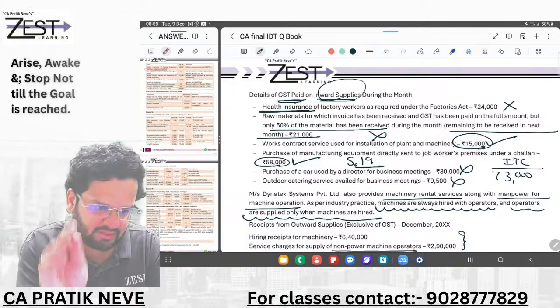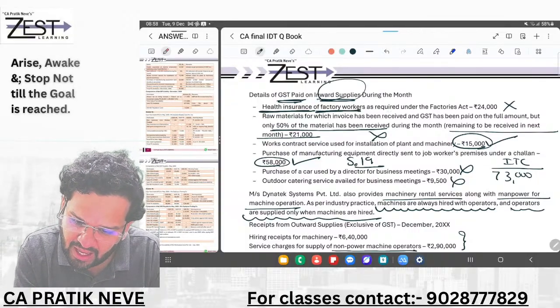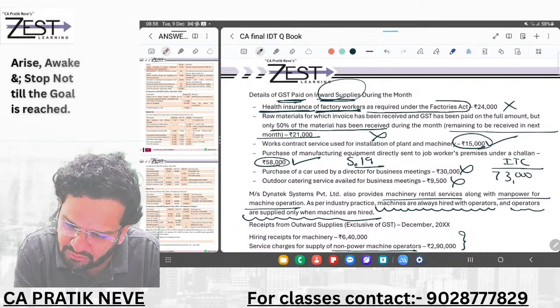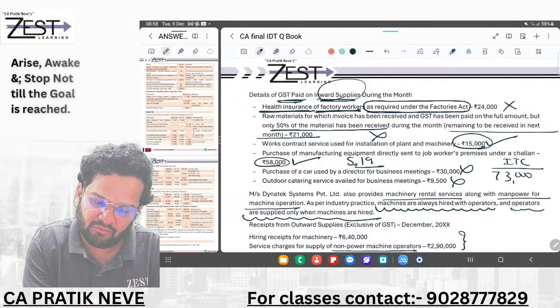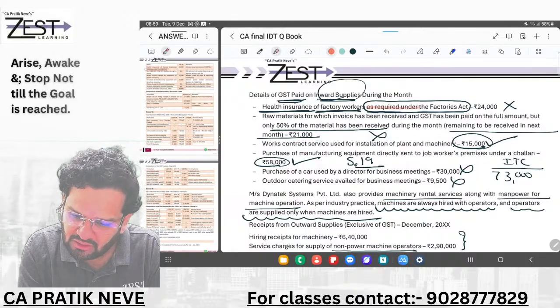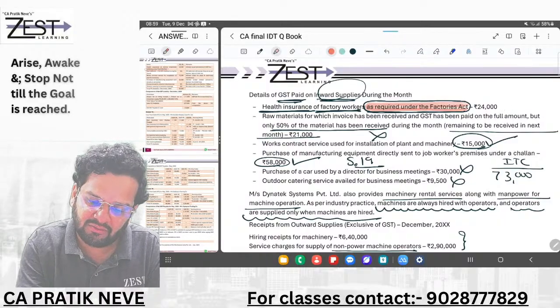Health insurance, read properly. Health insurance of factory workers as required under Factories Act. Can you see? So please, good that we did this question. Do you appreciate this point?